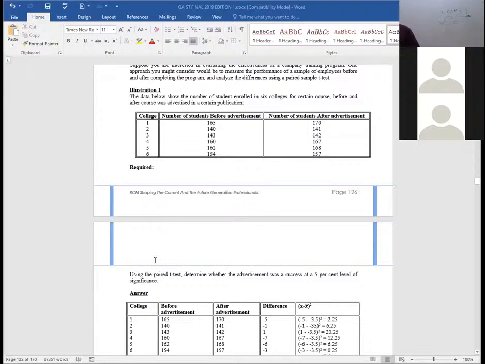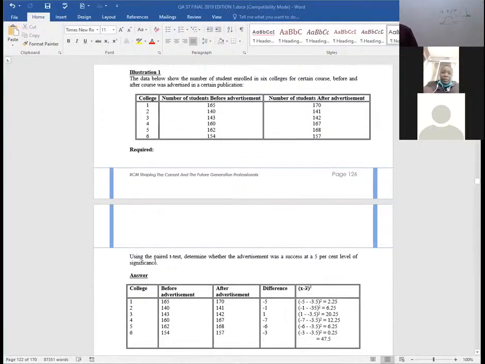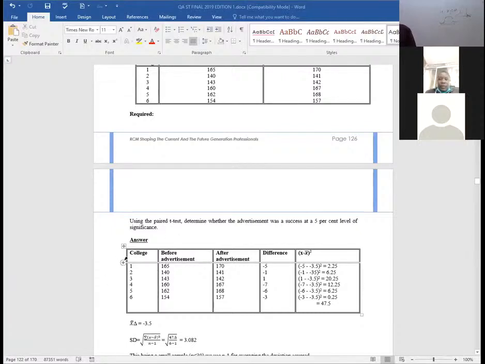The first thing you do in any paired t-test, with these pairs, is to subtract the two, to see whether there is any difference. So you take here 165 minus 170.